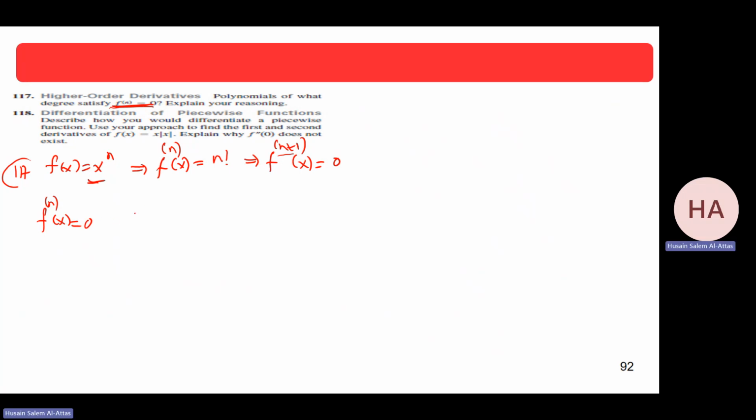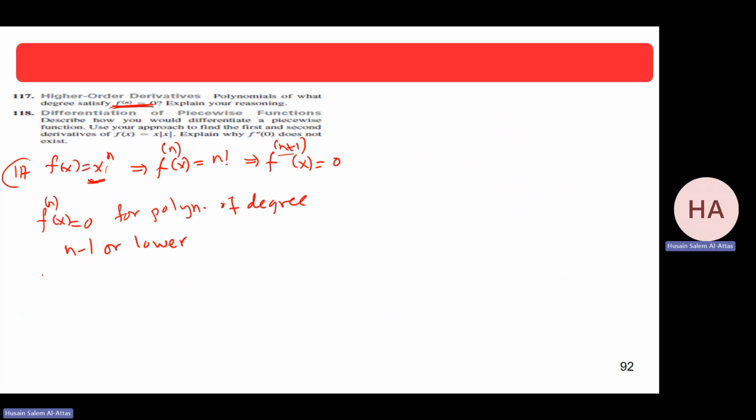So this will be equal to 0 for polynomials of degree n minus 1 or lower. Look, if I have the n-th derivative, I want this to be 0, so I want x to the power n minus 1 or lower.